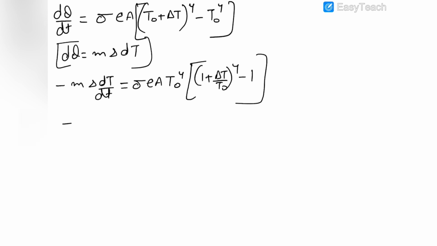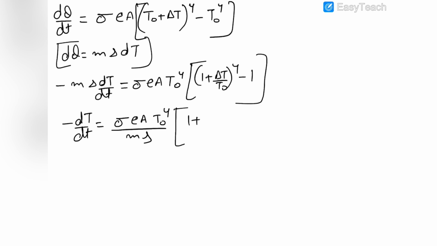Okay, so this is minus dT by dt, and it would be equal to sigma EA T naught to the power 4 upon ms, and this would be 1 plus, in fact we will use the binomial theorem, and we will use this 4 with delta T by T naught.